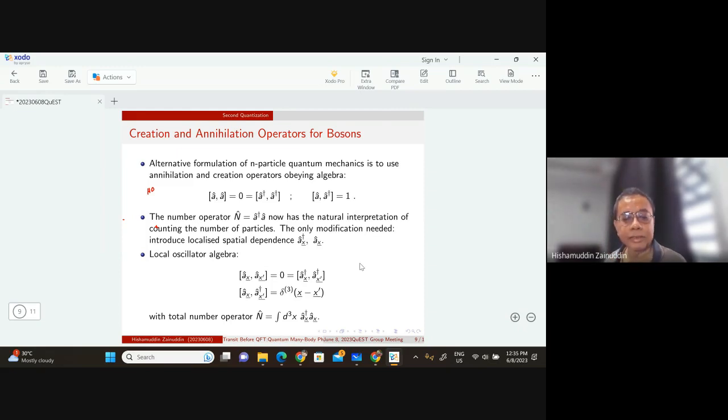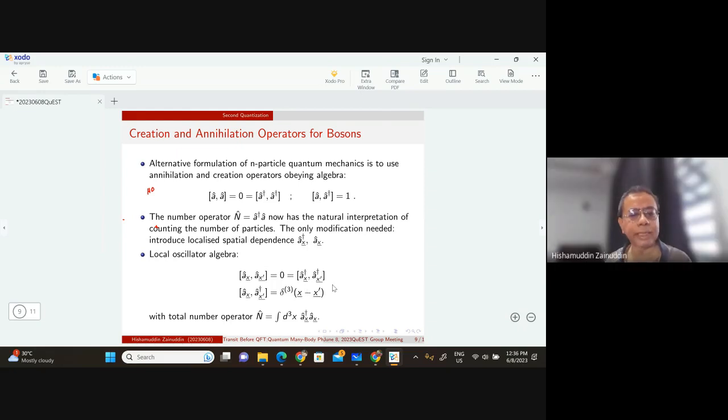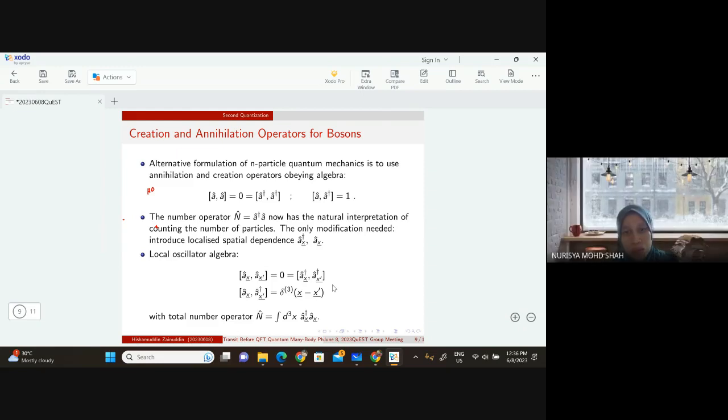Your delta 3 here, in the simplest case if you just use Cartesian coordinates, will be just the product of delta x minus x dash, delta y minus y dash, and delta z minus z dash. But you have to be careful because one can use a different coordinate system, and the definition will be altered slightly.